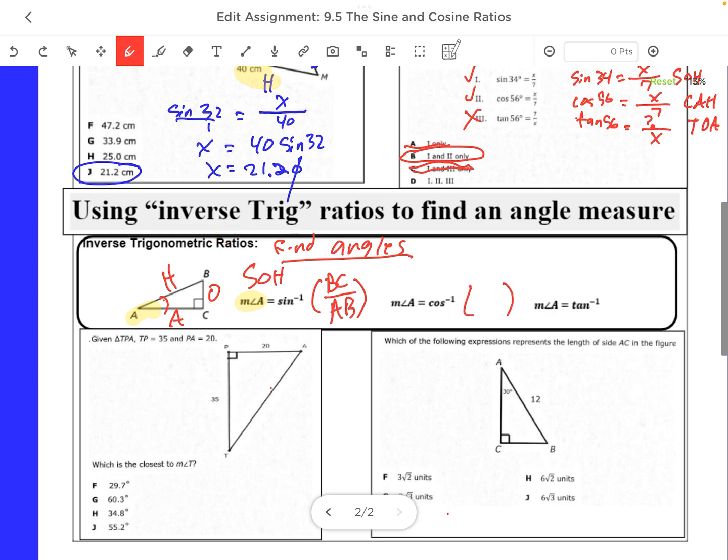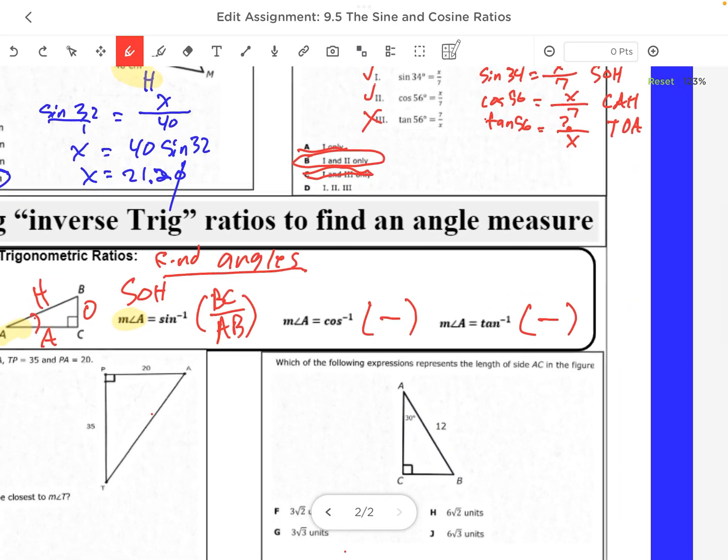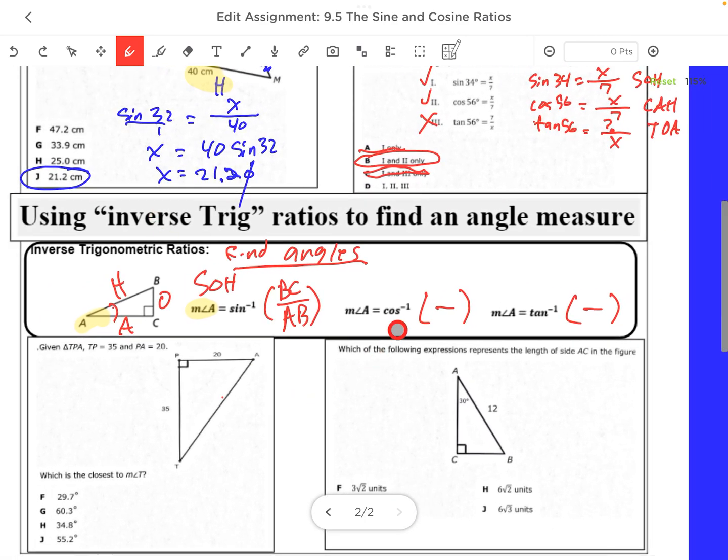So go ahead and fill in these other ones for the tangent and the inverse tangent and the inverse cosine. Okay, so the inverse cosine, if I was trying to find this angle, we know that's going to be adjacent and hypotenuse. That would be AC over AB. And then the inverse tangent.